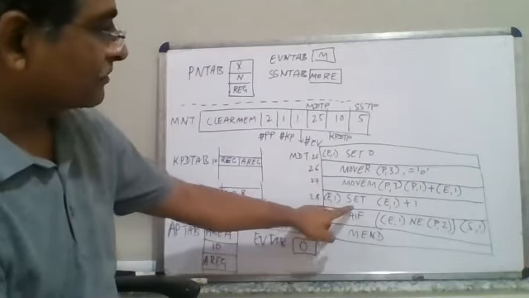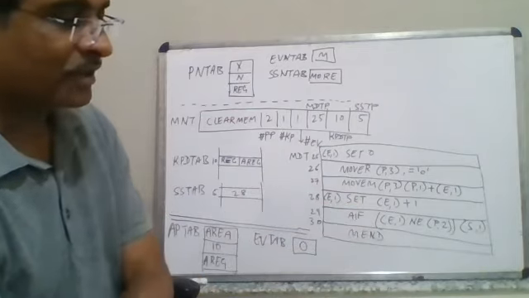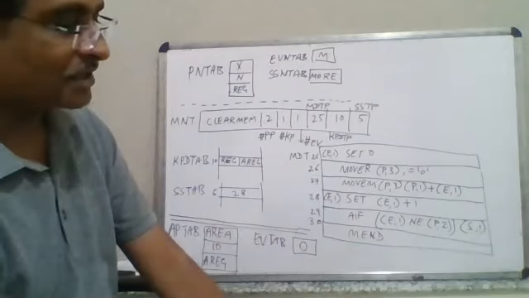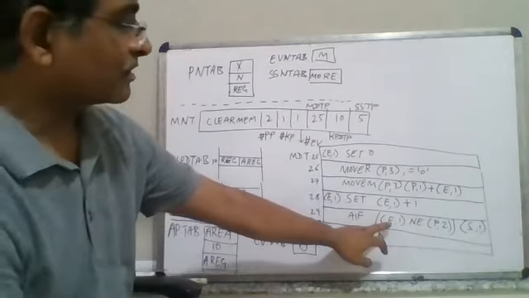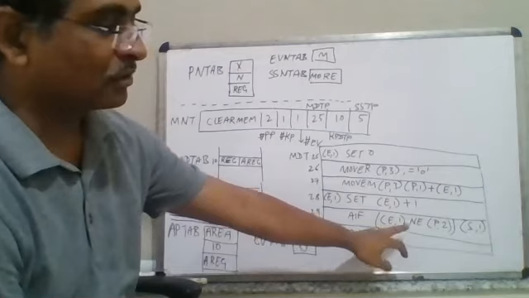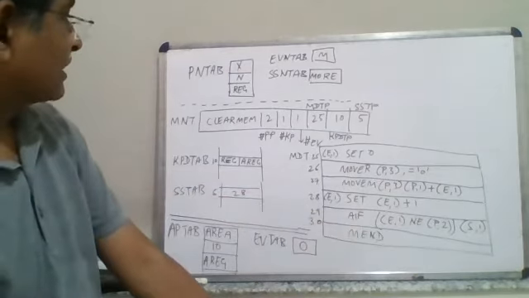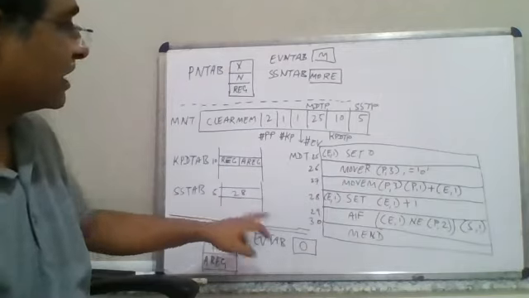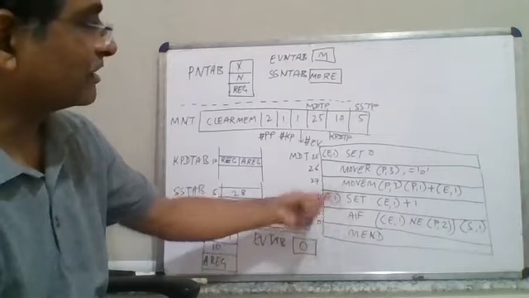So e comma 1 set e comma 1 plus 1, so that is ampersand m set ampersand m plus 1. And then AIF is going to check whether the condition of m is not equal to n. So if ampersand of m is not equal to n, then it has to make a jump to s comma 1. So what is s comma 1? S comma 1 is at the address 28. So it is going to make a jump to this, increment this, and it will continue. It will remain inside the loop.